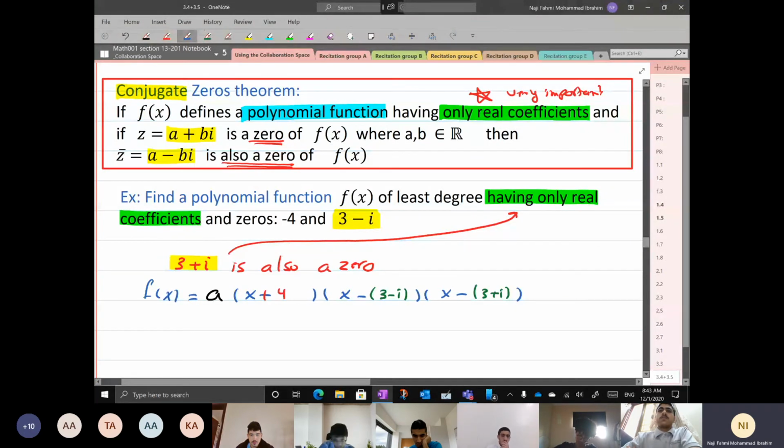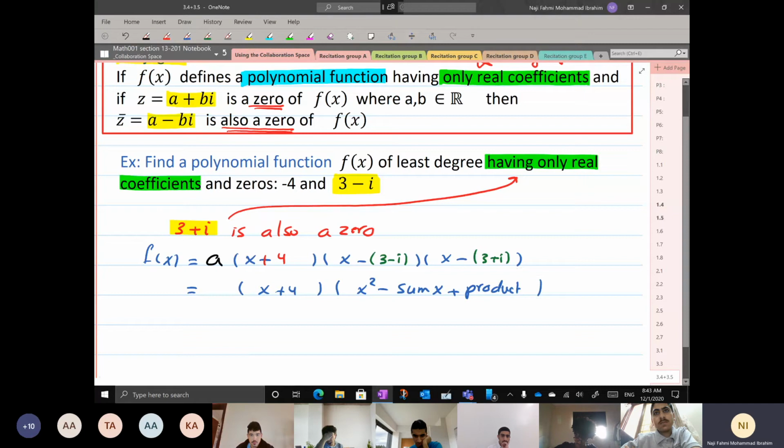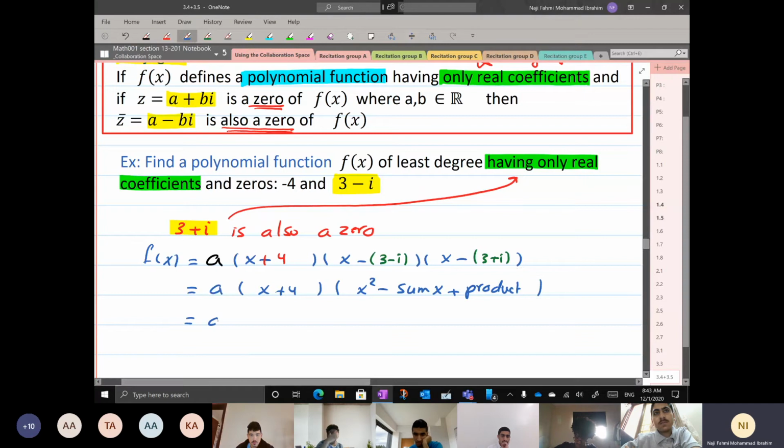Now I will teach you how to expand this, because this is critical. Do you remember that we have taken a formula for the quadratic like this? x squared minus the sum multiplied by x plus the product. So I can use this in my example here. Of course, I will leave a as it is. Now, what's the sum of the complex zeros? 6.